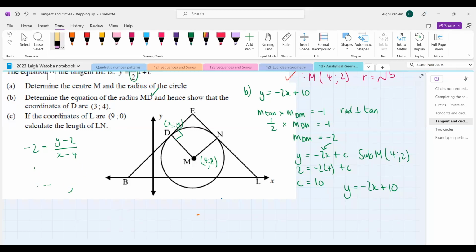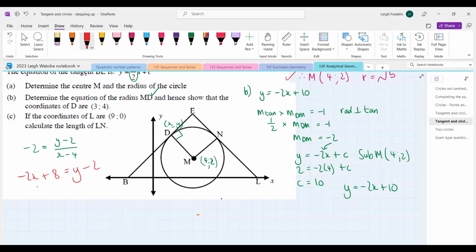Okay, so now you are saying over here, of course, that's the gradient of this line. Sorry, DM. Yes, of course, sorry, I beg your pardon. I was wrong in what I did there. Okay, so that would give you -2x plus 8 is equal to y minus 2.